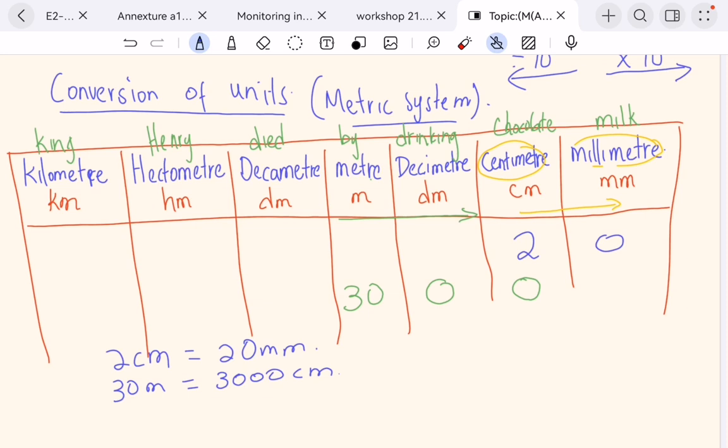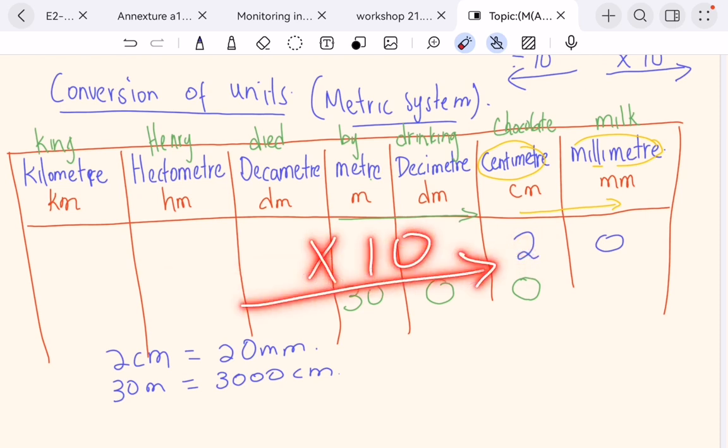The other thing that I want you to notice here is that in all these conversions we were moving from the left to the right, meaning we move from a bigger unit to a smaller unit, and we do so by multiplying by 10.